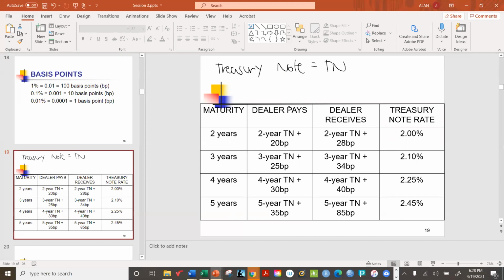But they will accept from you, in other words, if you as the hedger want to receive floating, this is the column.